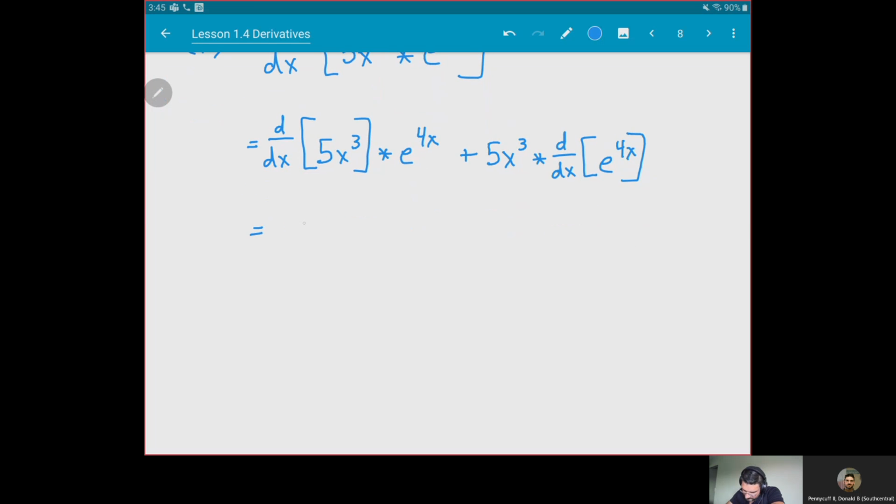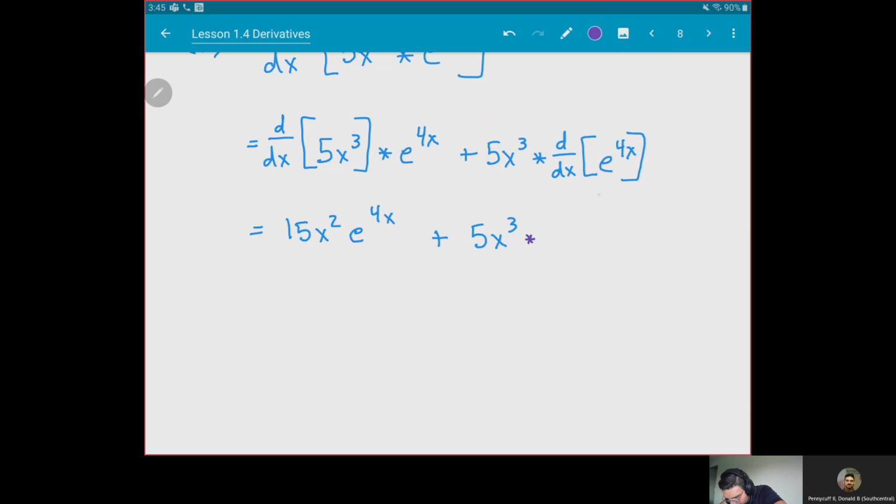And so that's going to give me 15x squared, that's just power rule, e to the 4x plus 5x cubed. Okay, so now let's take the derivative of e to a power.